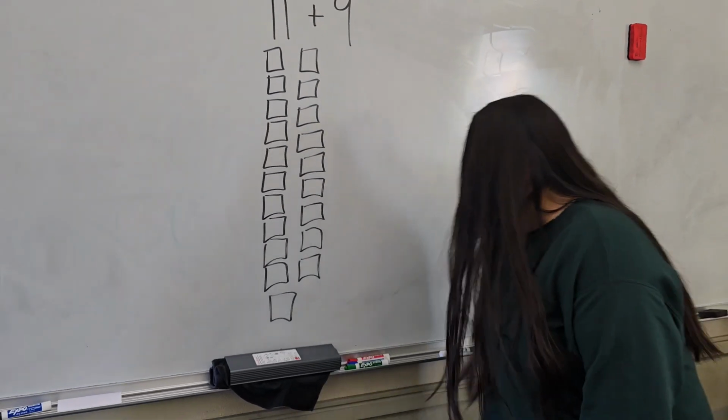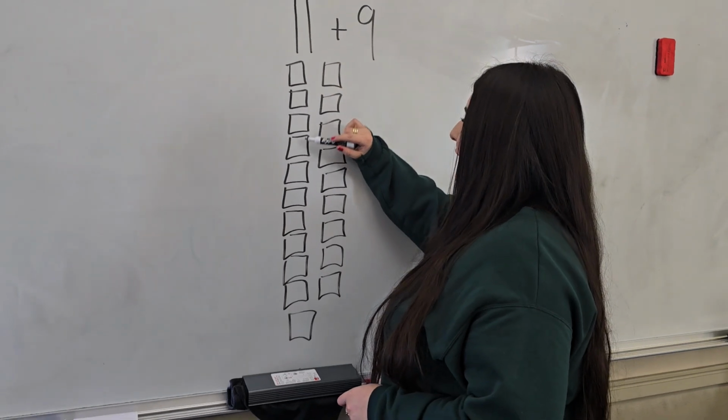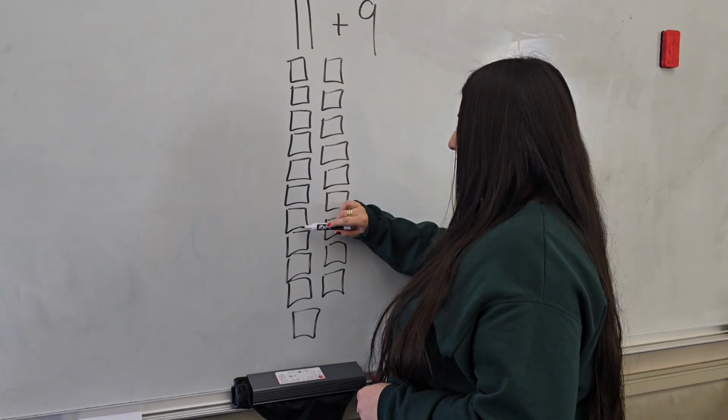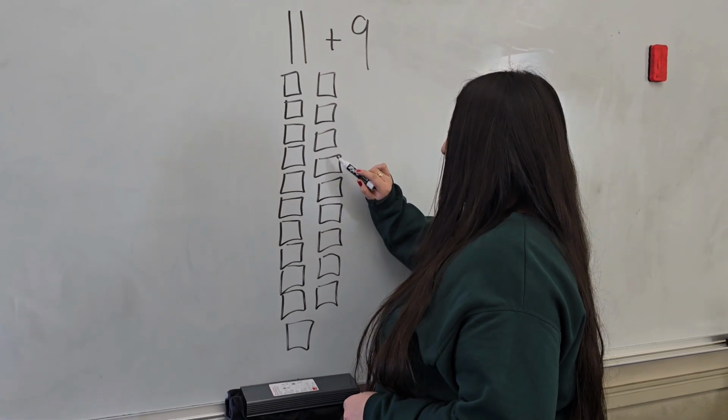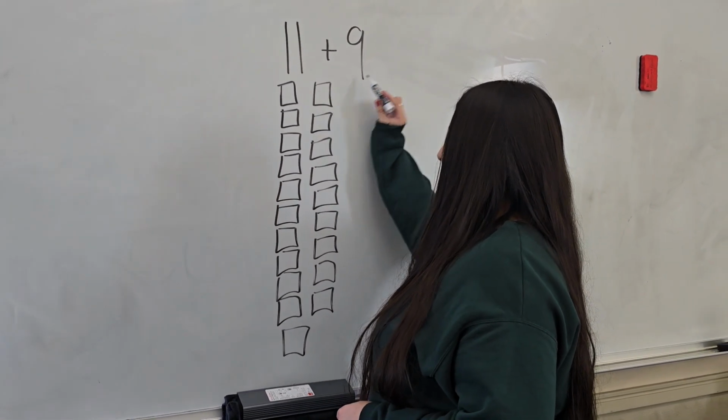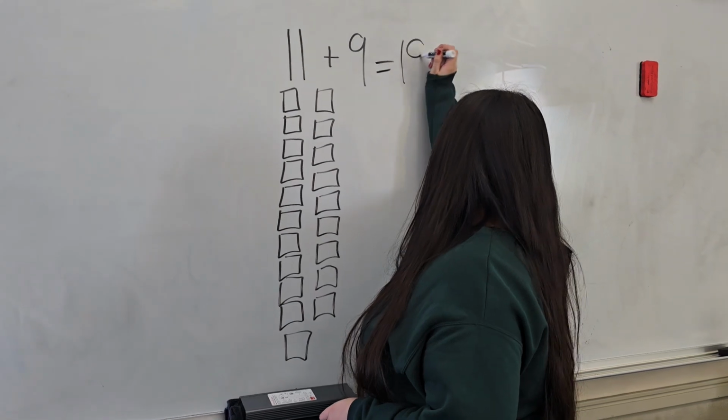I already messed up. 1, 2, 3, 4, 5, 6, 7, 8, 9, 10, 11, 12, 13, 14, 15, 16, 17, 18, 19. Our answer is 19.